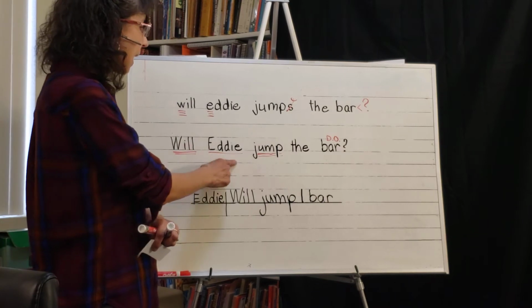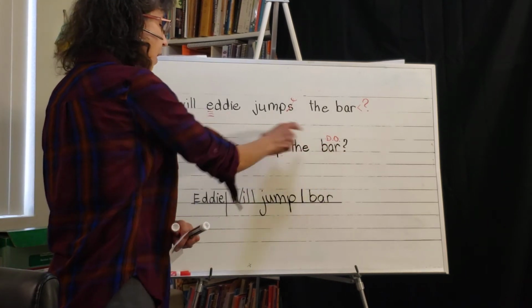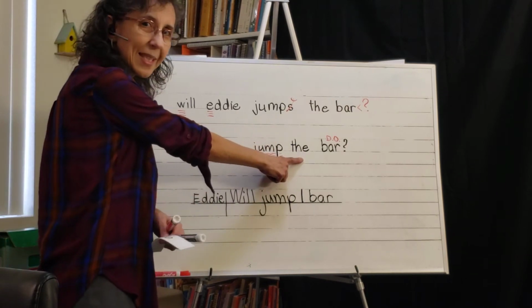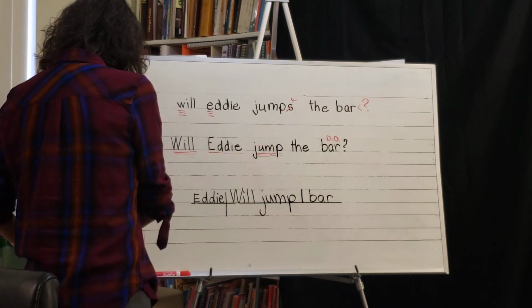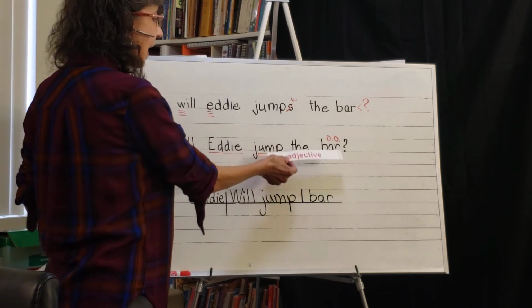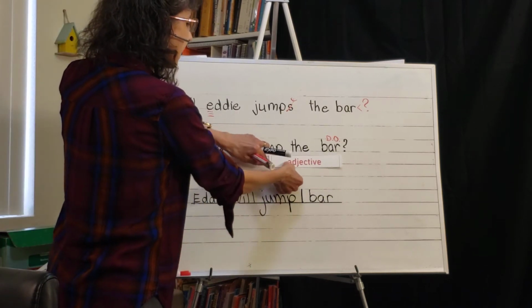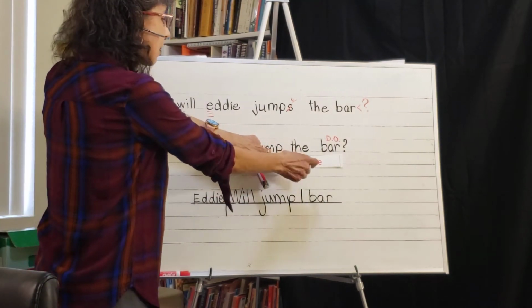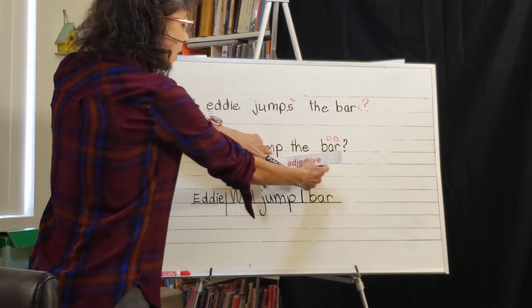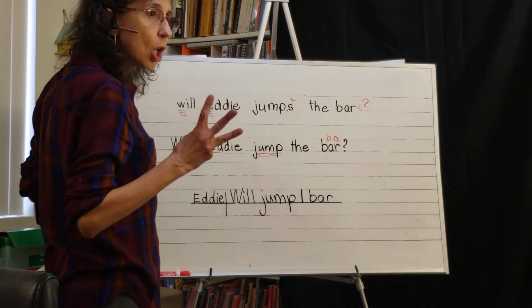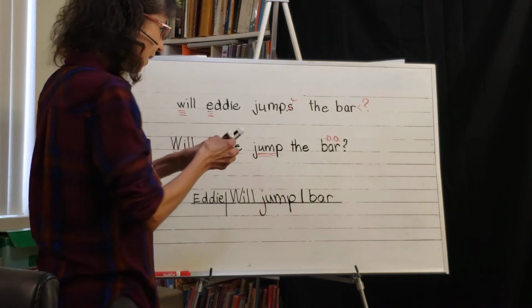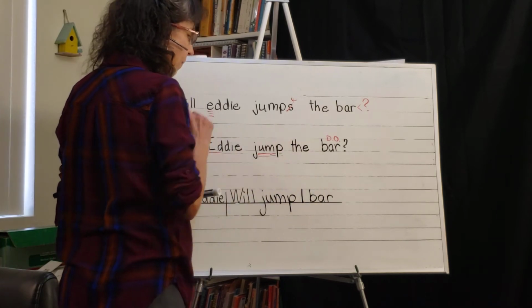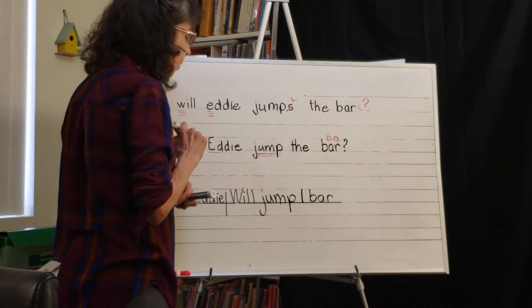Now we have one more word that we have not figured out. We have will and Eddie and jump and bar. Do you guys remember what this is? If somebody said an adjective, and it's an article that is an adjective, that's right, you are correct. It's one of the 3 little articles, a, an, and the. And how do we show that? Is it the jump? No, Mrs. Mayer.